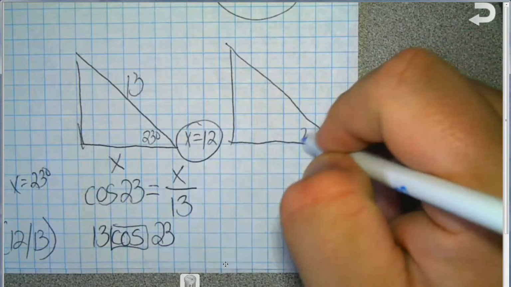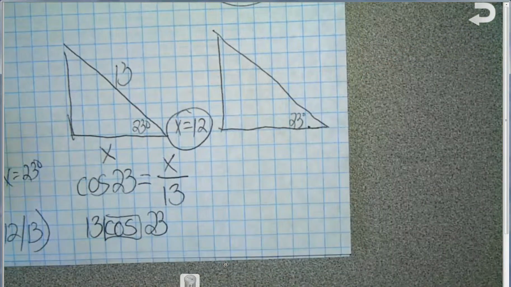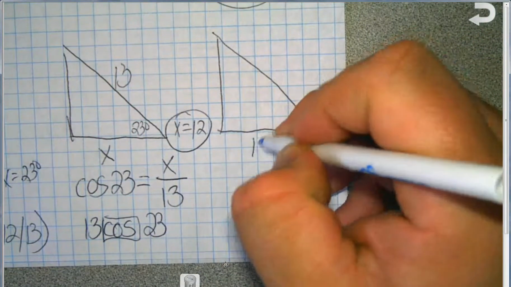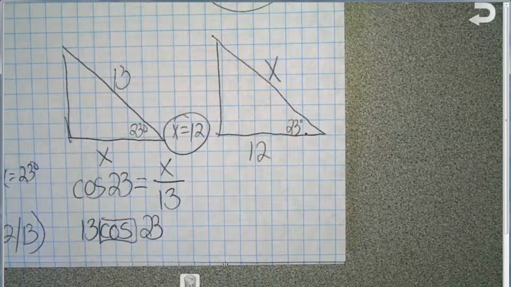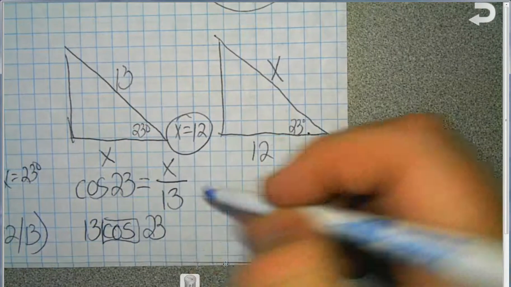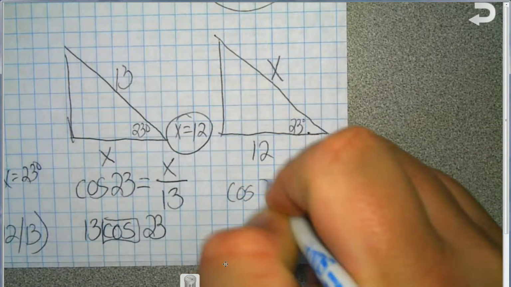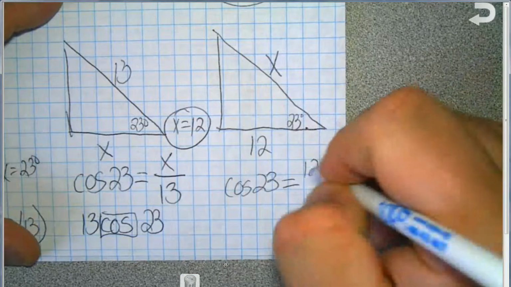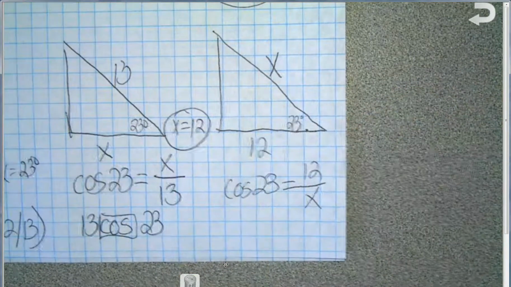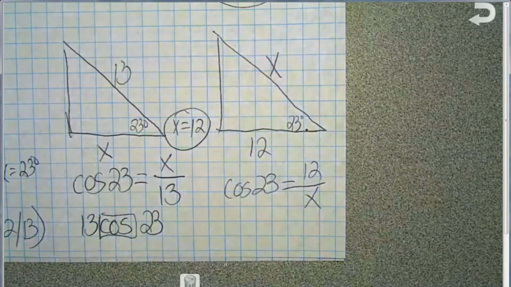So now we're going to put the 23 here. We're going to put the 12 here and the x here. Volunteer, help me set up the proportion. Cosine of 23 is equal to 12 over x. When the x is on the bottom, what do we have to do?